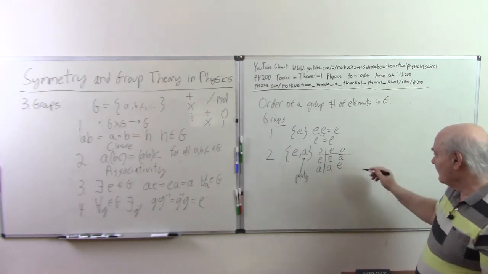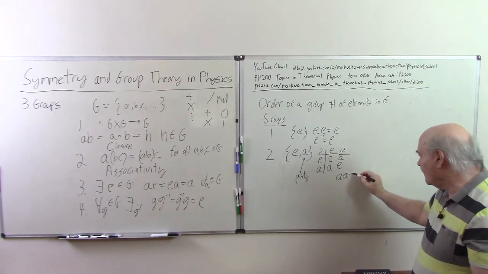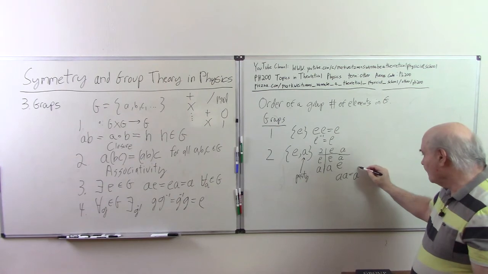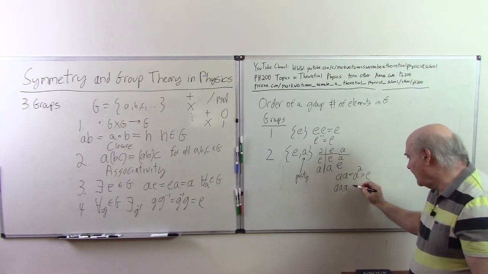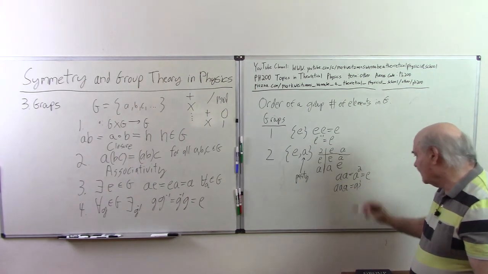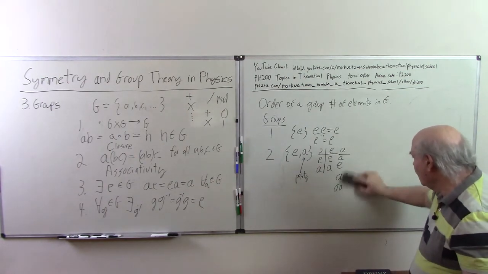By the way, when I use notation like AA, we'll always write it as A squared equals E. And A cubed, and so on. Okay, that's a group of two elements.